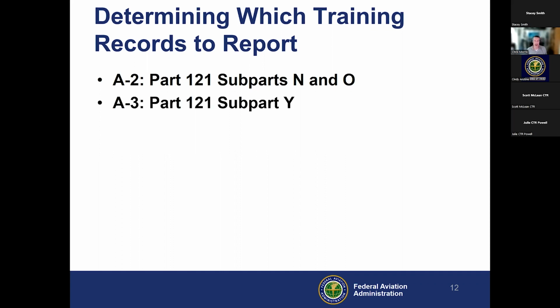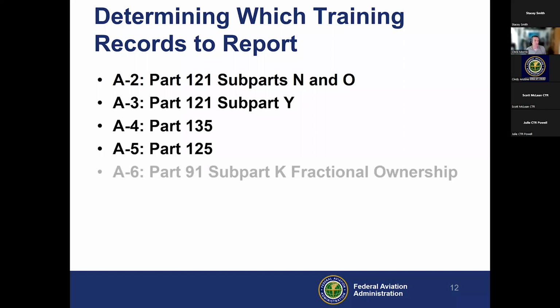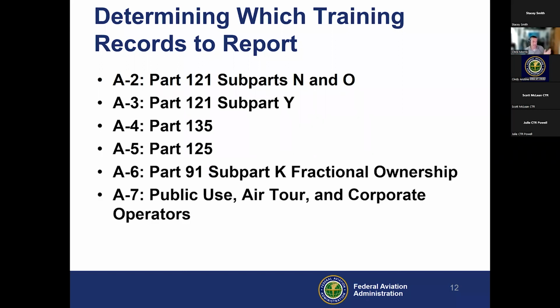And we have that for every other applicable group in Part 111. So if you are doing subpart Y training under 121, you look at A3. If you're doing strictly 135 training, you look at A4. 125, which is just checking, of course, there's no training in Part 125, but checking is A5. You kind of get the idea. A6, A7. So that goes all the way down, and each section describes what types of records are reportable to the PRD system.